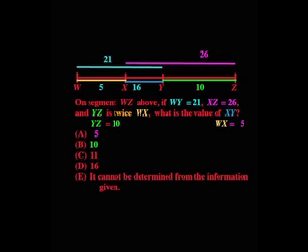But YZ is only part of XZ, which is equal to 26, so if YZ equals 10, then XY equals 16. So either equation gives us XY equals 16, and that means our answer is D, 16.